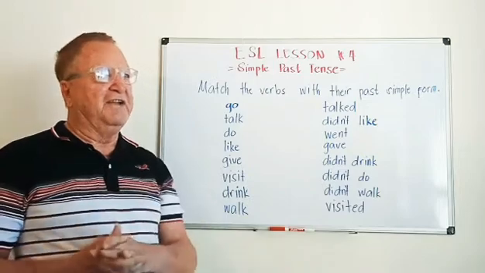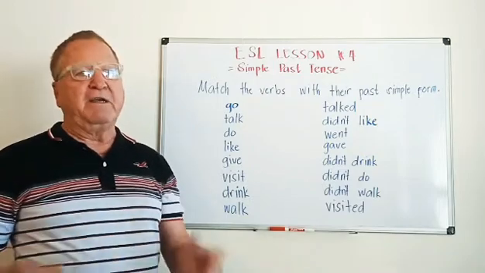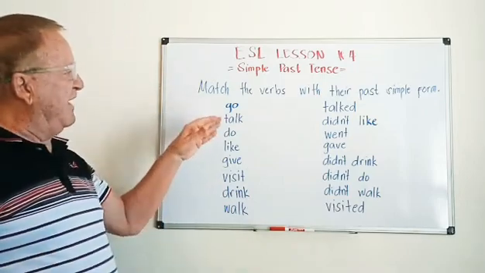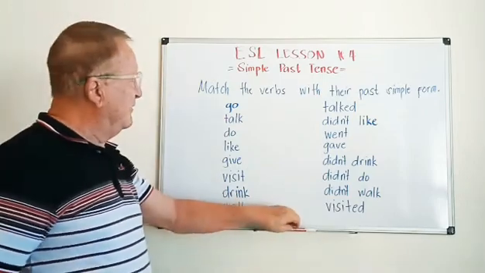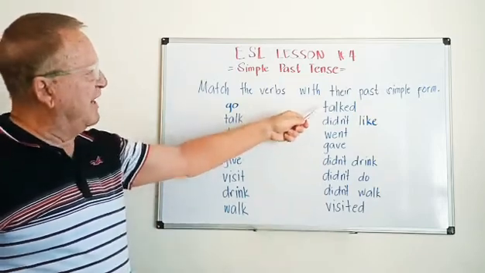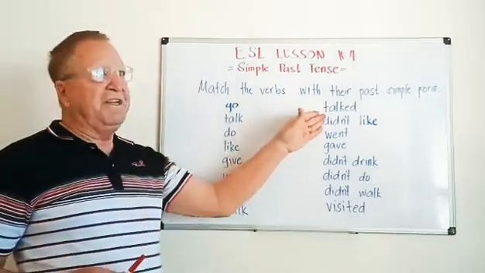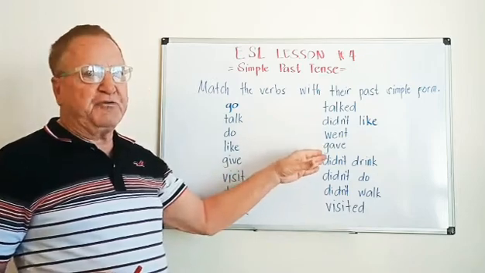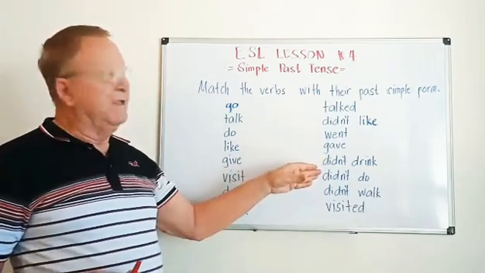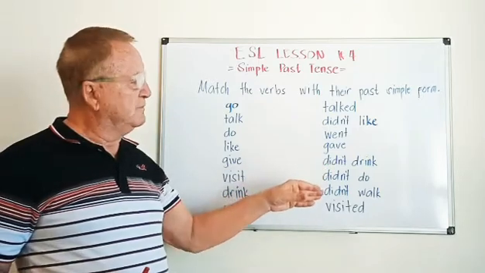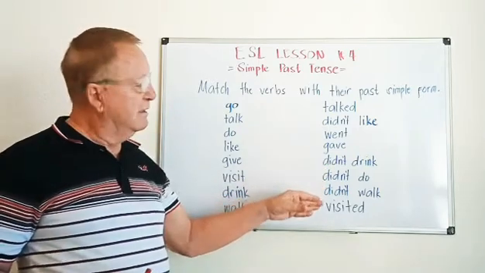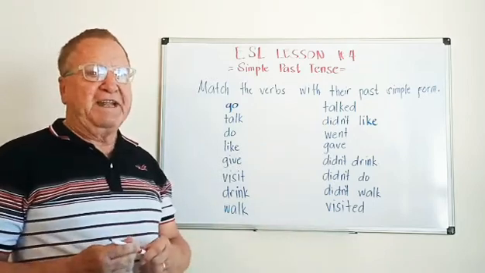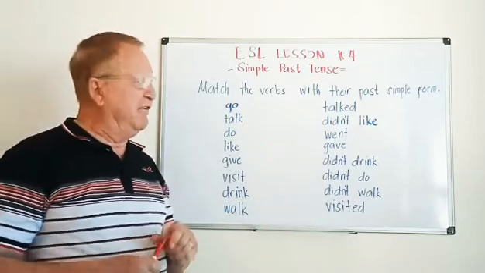So if I said, I frequently go to the gym during the week, and then I'm going to make this past tense. The past tense is going to be, which of these? Over on this side we've got talked, didn't like, went, gave, didn't drink, didn't do, didn't walk, and visited.